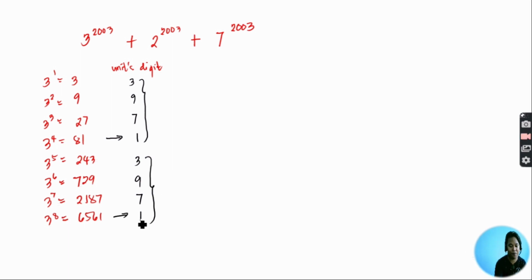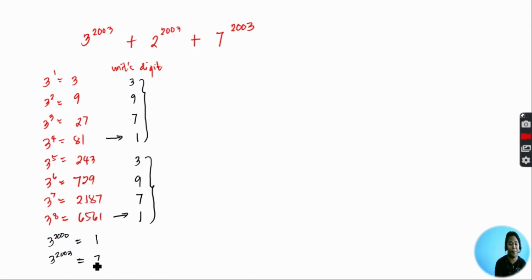So every 4. So before 2003, the number which is divisible by 4 is 2000. So we have 3 raised to 2000, and we can say that the units digit of 3 raised to 2000 is equal to 1. And for 3 raised to 2003, the units digit is 7.